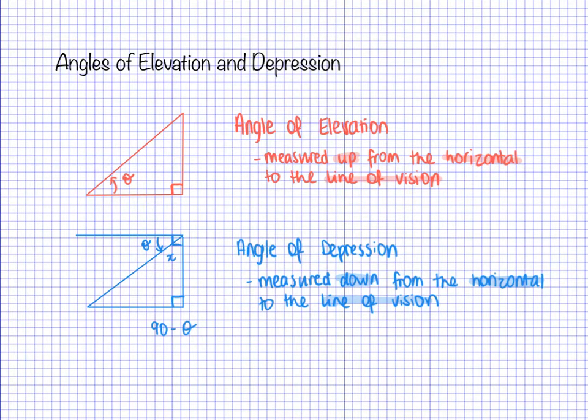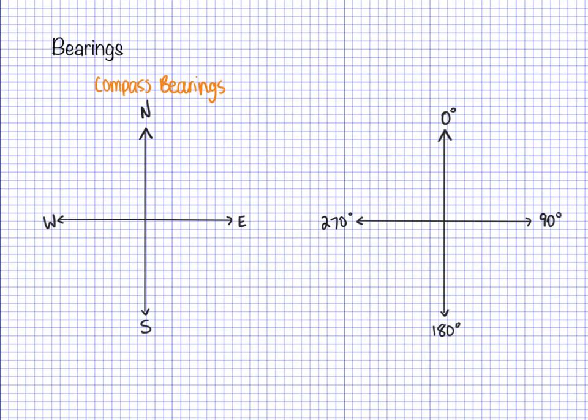The other thing we need to look at is compass bearings and true bearings. We've got two types of bearings: compass bearings and true bearings. It's more likely that you'll come across true bearings in your questions, but we will go over compass bearings just in case.